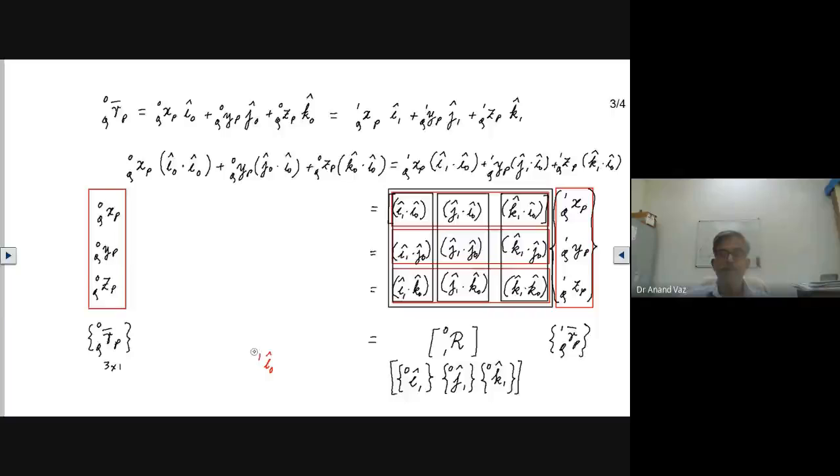But because it's a row representation, we will have to take this transpose.